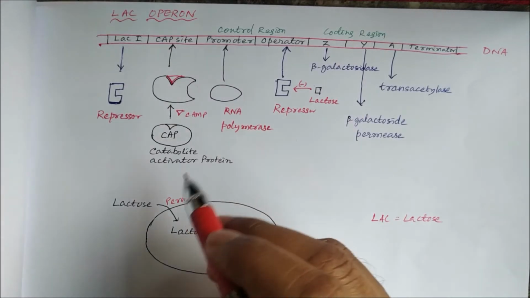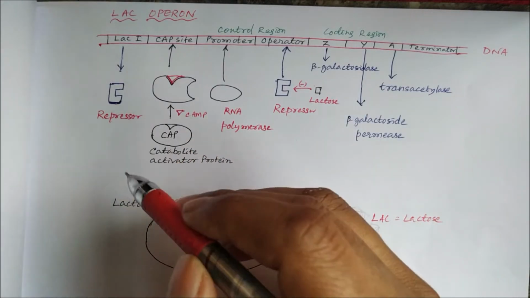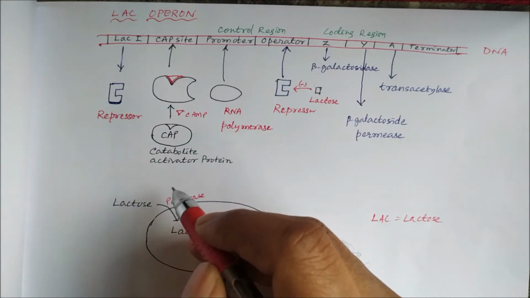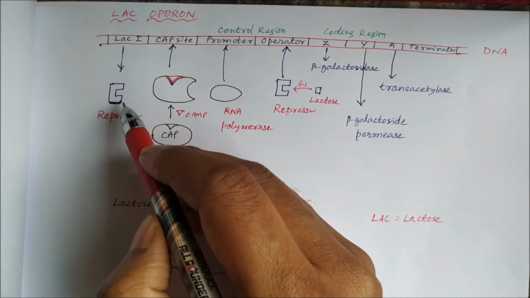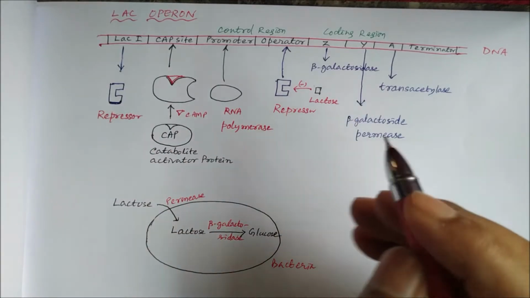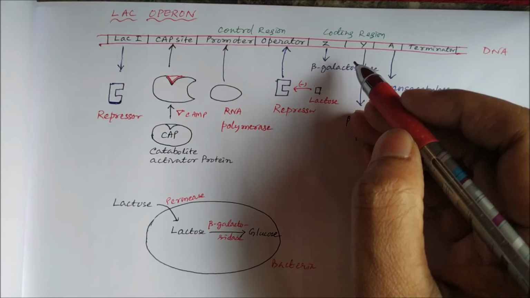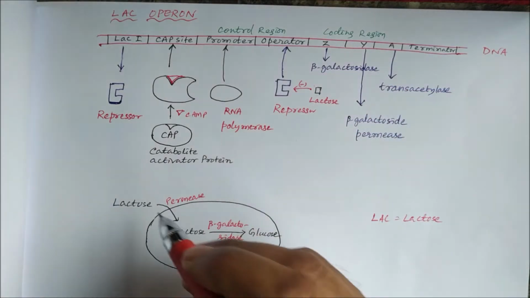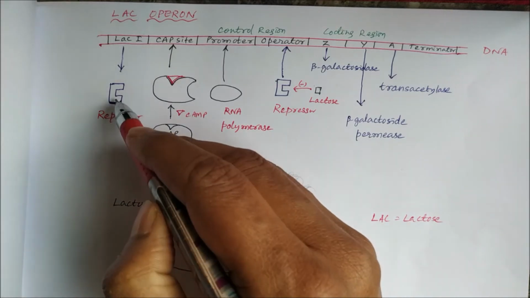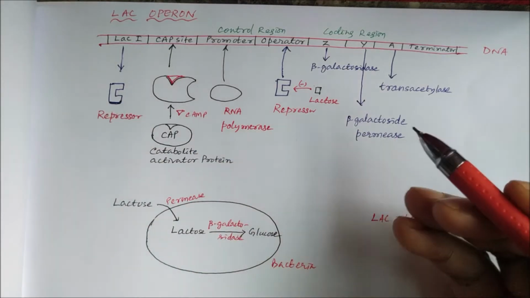But when there is a requirement, if lactose is provided, then lactose binds to the repressor. Usually the Lac Operon functions mildly, so that lactose can enter into the bacterial cell and inhibit this repressor protein. Otherwise, it cannot function.